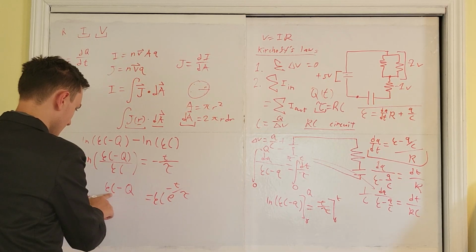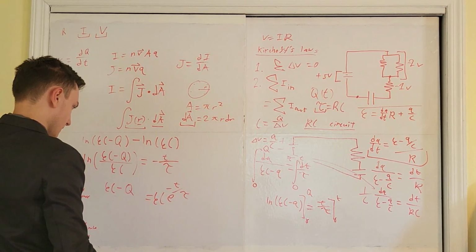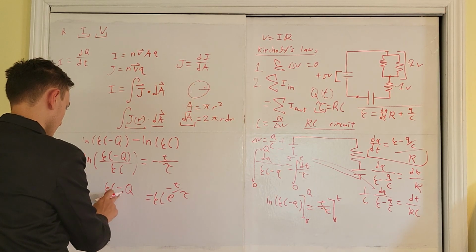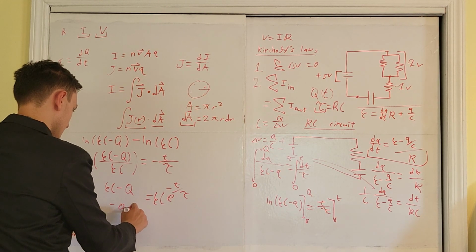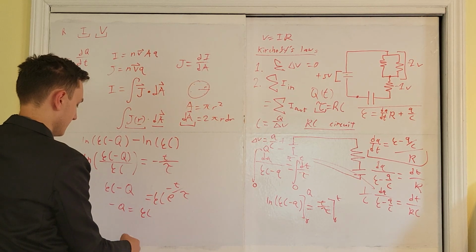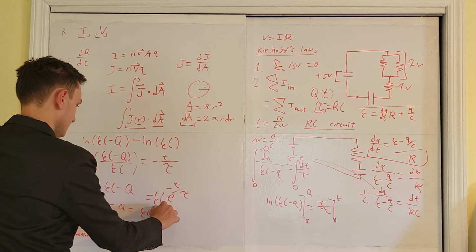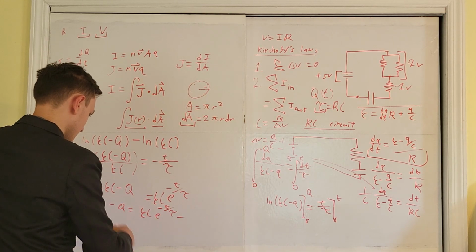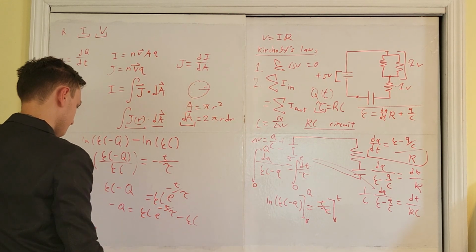And so now I'm going to subtract EC from both sides, so I have negative Q equals EC. I keep saying E, I mean epsilon, times e to the negative t divided by time constant minus my EC here.